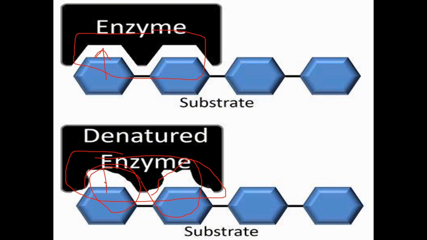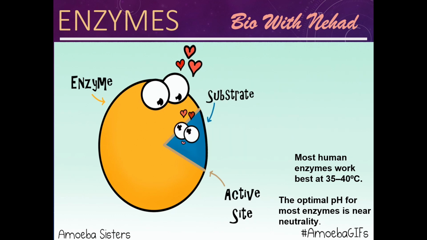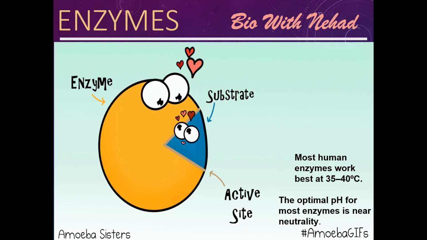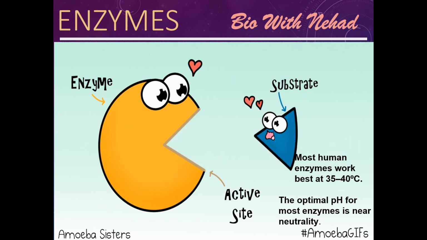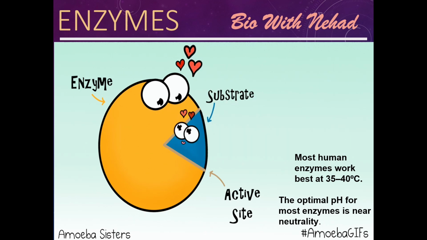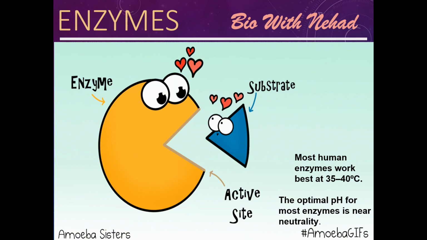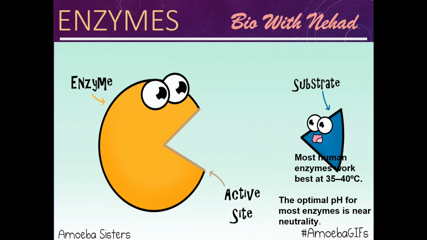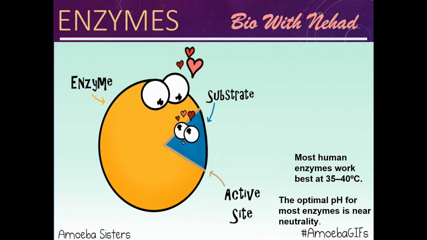For most of the enzymes in your body, the optimal temperature ranges from 35 till 40 degrees, so around your body temperature. And for the pH, the optimal pH is close to neutral, but we have many acidic, like the stomach one, and we also have many basic.